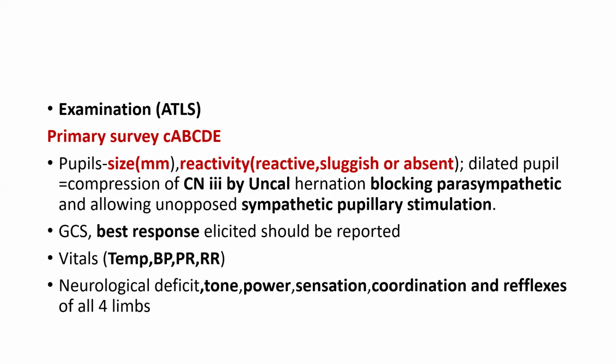So when you find a dilated pupil, it means there is compression of the third cranial nerve, which could be from uncal herniation, and that blocks the parasympathetic innervation to the iris, to the pupils, and then that allows an unopposed action of the sympathetic stimulation, leading to a dilated pupil.